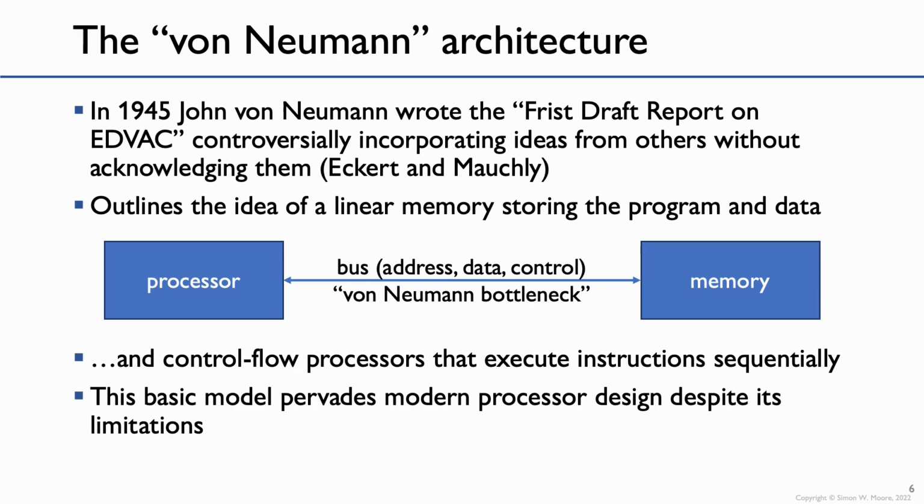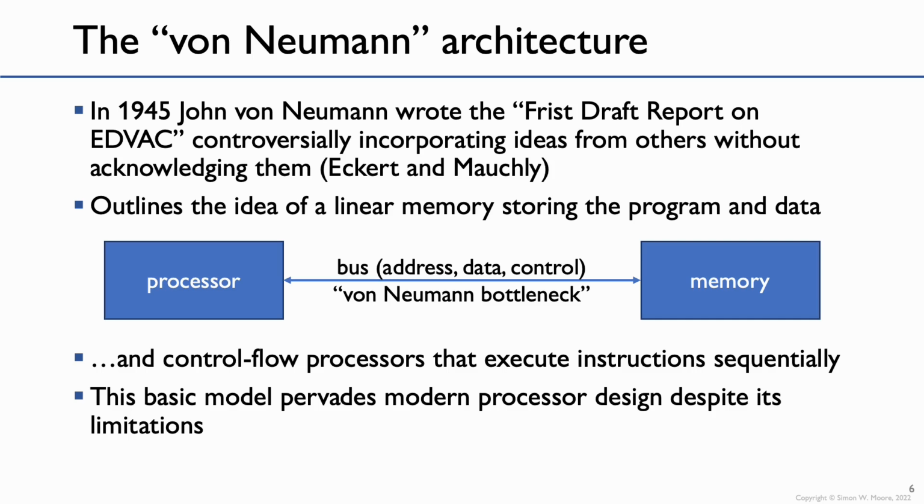Von Neumann, as part of this project, they had to produce a report on what they were doing to keep the sponsors happy, and von Neumann was tasked with drafting it. This draft report has become quite famous because it outlines many possibilities for designing computer systems, and it outlines the idea of a linear memory.